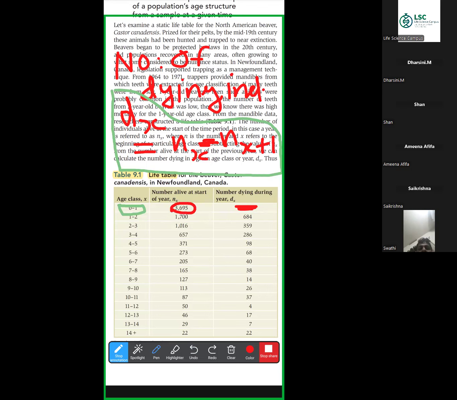And nx plus 1 means number of individuals alive in the succeeding age class, that is the next coming age class, that is 1,700. Just subtract 1,700 from 3,695.